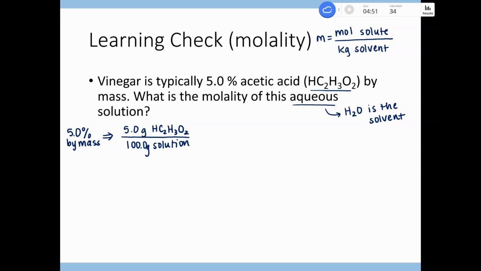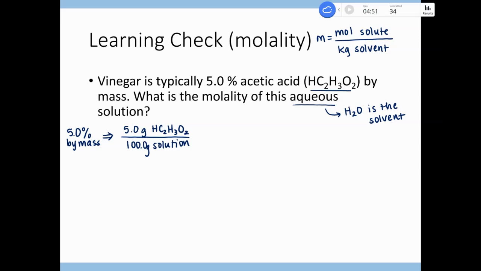We'll take these values to then reach our calculations of the moles of the solute and the kilograms of the solvent. So we need kilograms of solvent. We have grams of solution. That's the total solvent and solute.